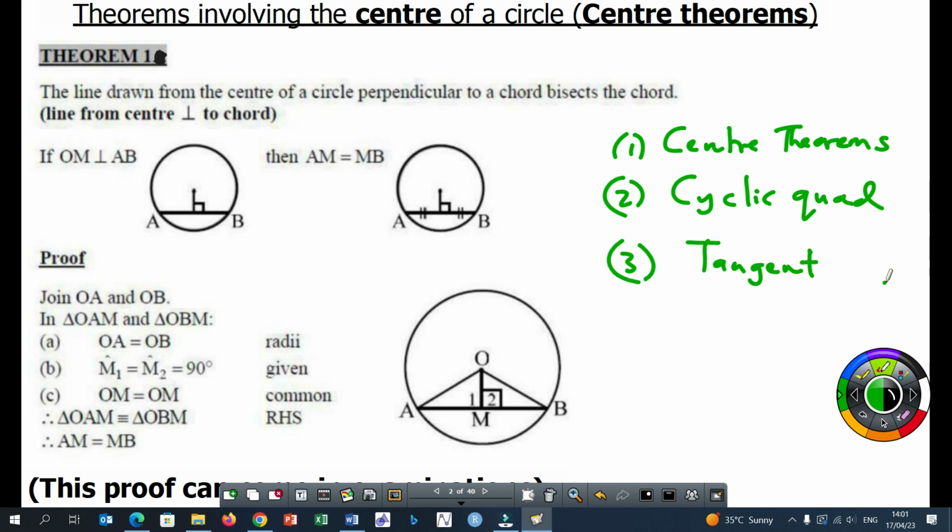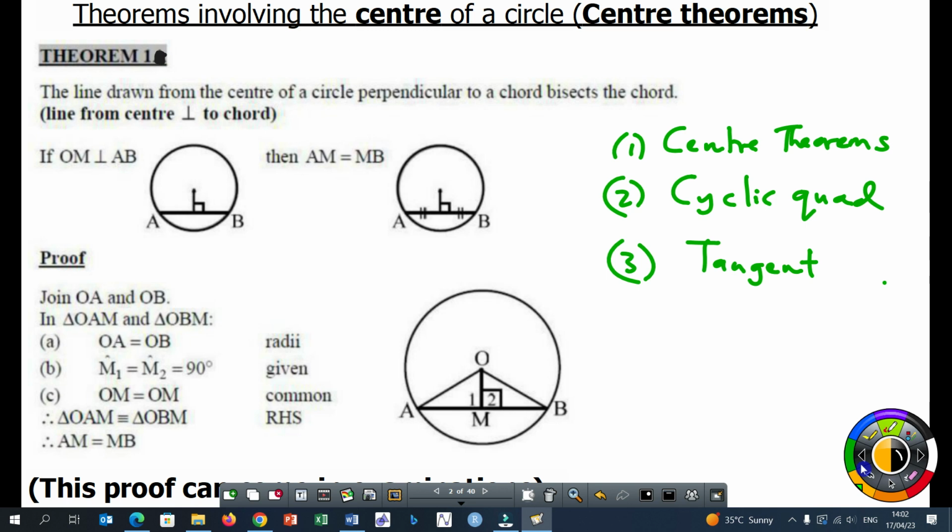Please just put your pens down for a while. Now, according to theorem 1, if a line is drawn from the center of a circle, perpendicular to a chord, it will bisect the chord. So it's like this.